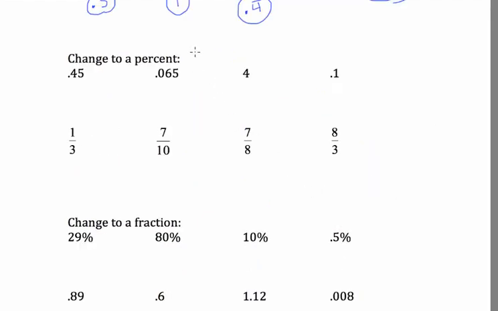To change from a decimal to a percent, write yourself a little note. You want to move that decimal place 2 places right. So 0.45, 2 places right is 45%. 0.065, this is a sales tax example. 2 places right, 6.5%.